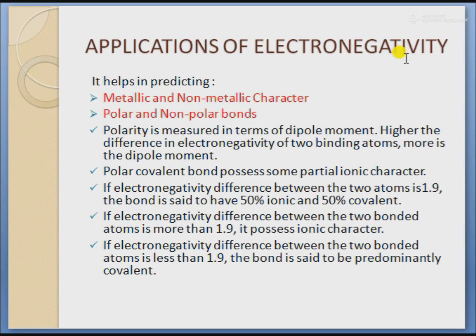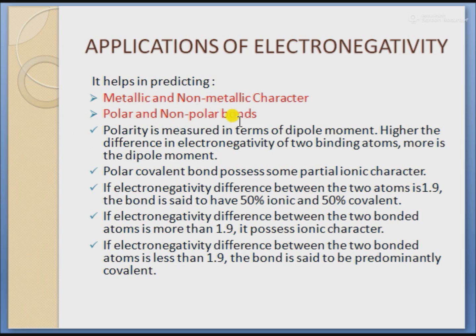Atoms whose electronegativity is high have non-metallic character, meaning they have a tendency to attract shared pairs of electrons, and metallic atoms have low electronegativity because metallic atoms have a tendency to lose electrons.